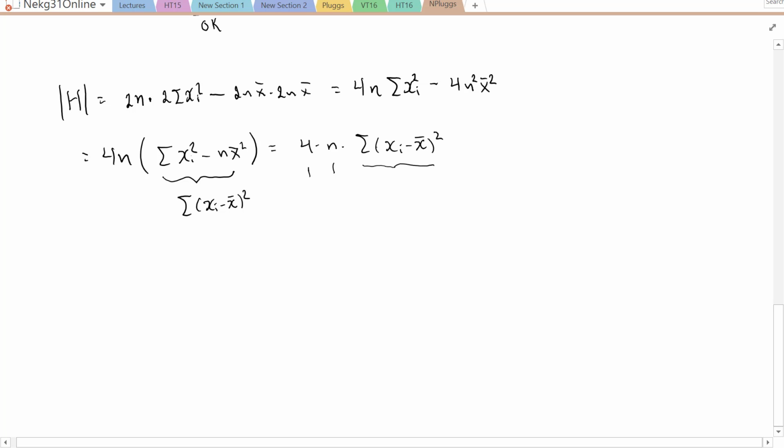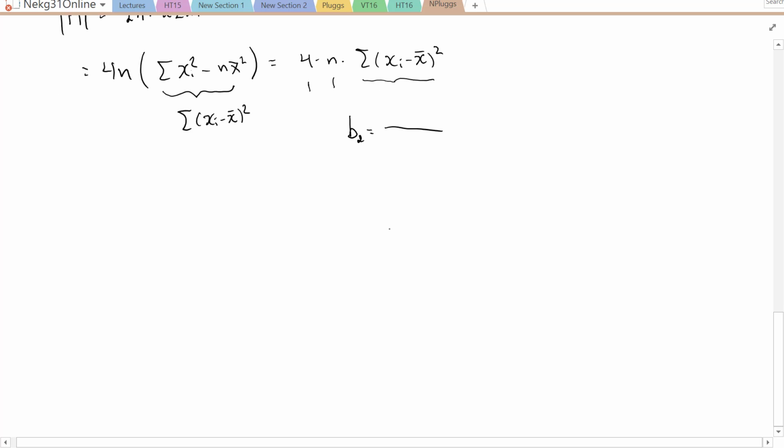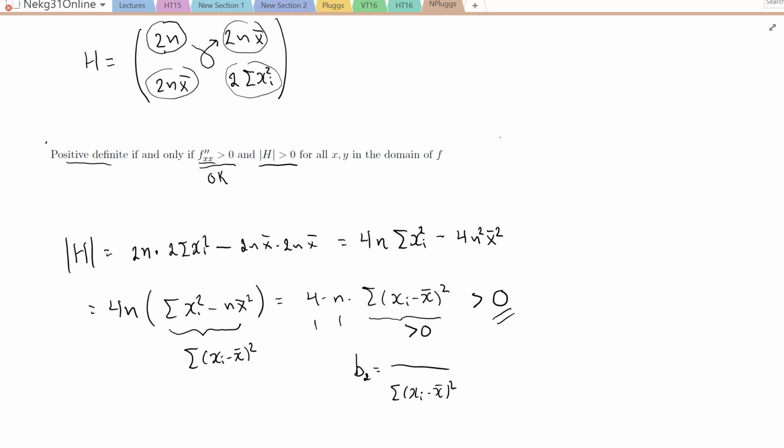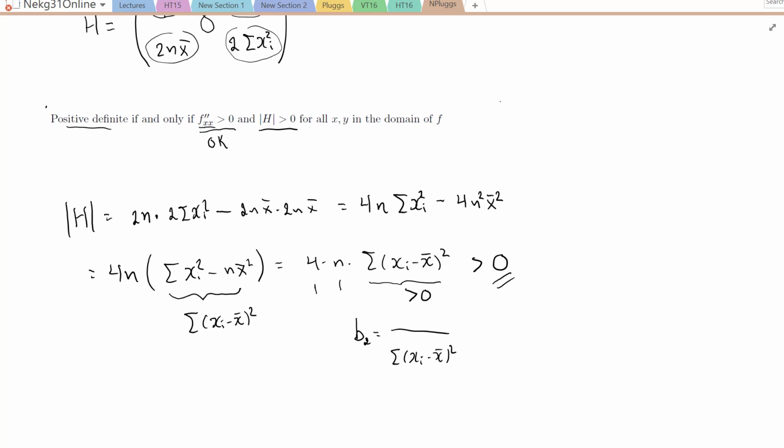because if this is equal to 0, the OLS formula fails, because remember, B2 has as its denominator summation of (xi minus x bar) squared. So this cannot be 0, because then we can't calculate B2. So this must be strictly greater than 0, and the whole thing is strictly greater than 0, which is precisely what we need.